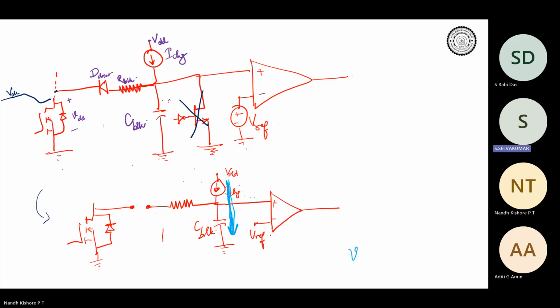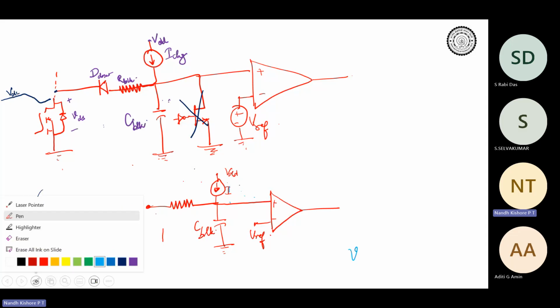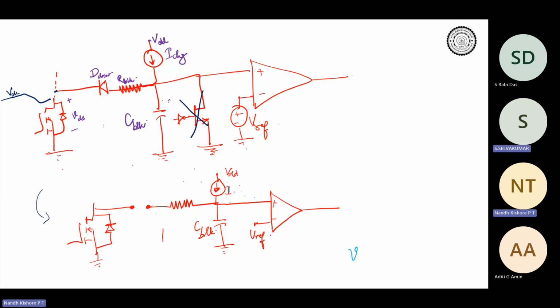Why current cannot flow into the op amp? Can current flow into op amp? Yeah, so the answer is that the op amp ideally should not take any current, right? So that is why no current flows into the op amp.